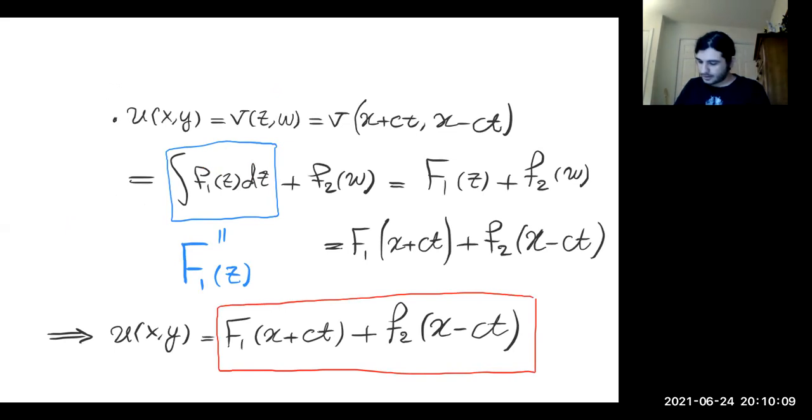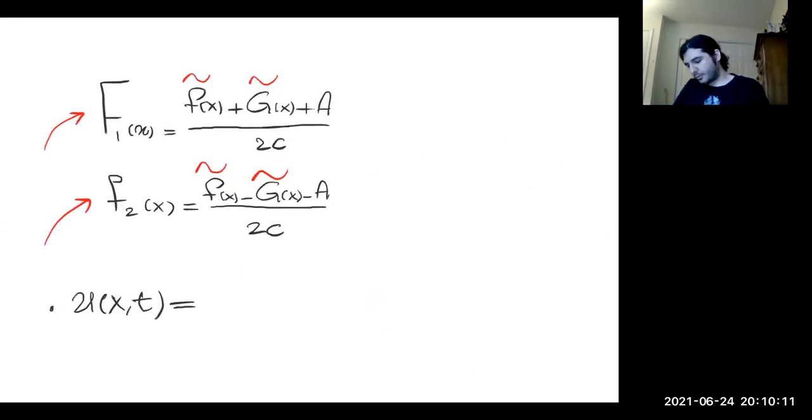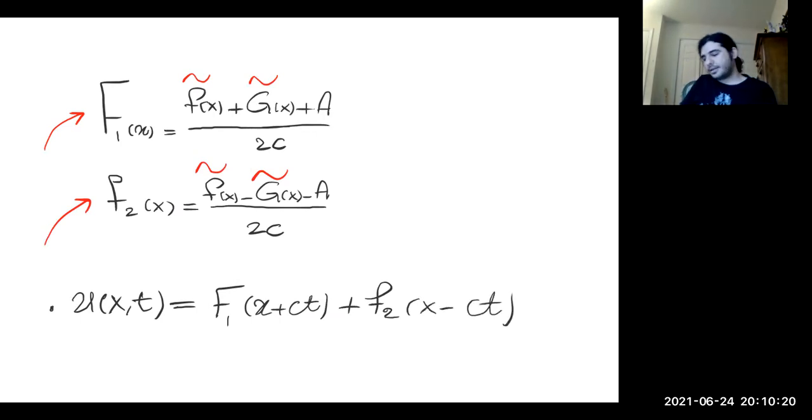So let's write that down. Now here you see why it's necessary to extend f1 and f2. Although x was always between 0 and a, we don't know where x plus ct is. When time goes on, this x plus ct might go outside of this region.